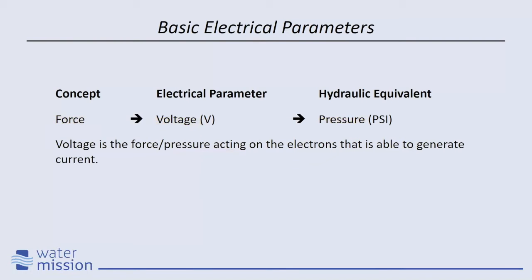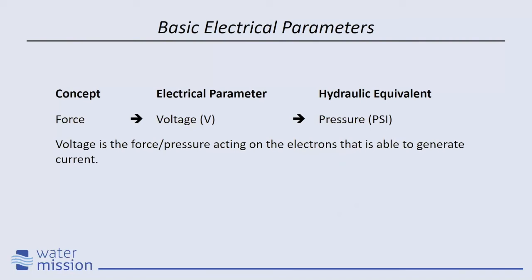Now, these next two slides are the most important slides to remember. Remember that when we're talking about electricity, when you hear the word volts, that's just the electrical word for pressure. Voltage is the force or the pressure that's acting on these electrons that generates the flow, that generates the current to be moving through the wire.